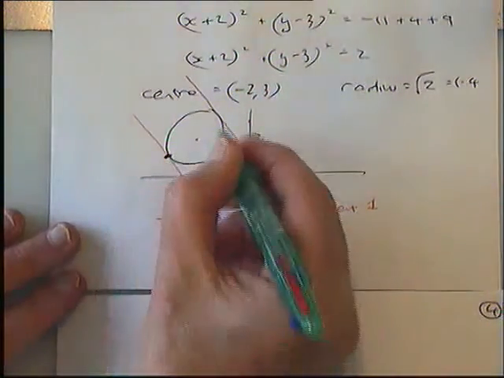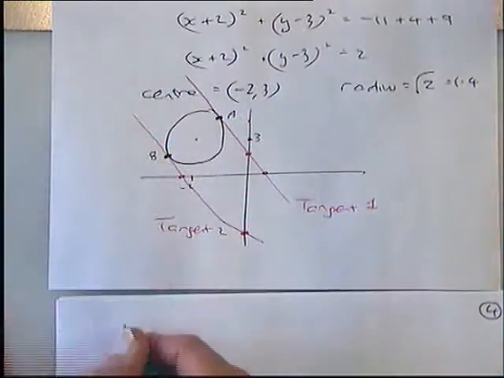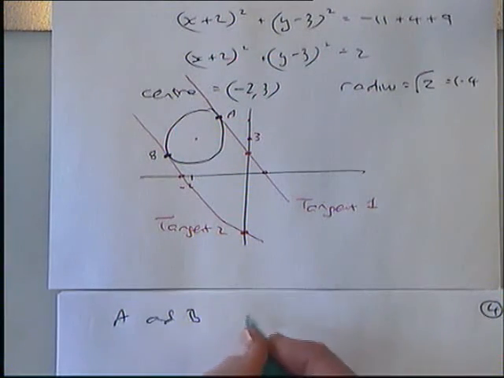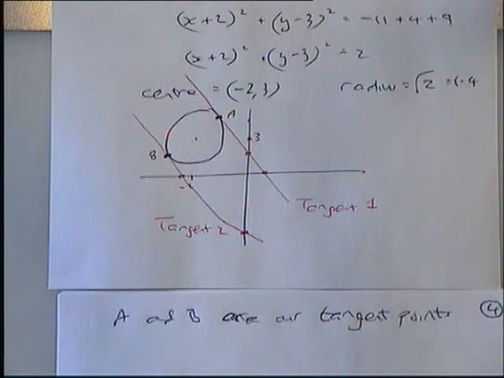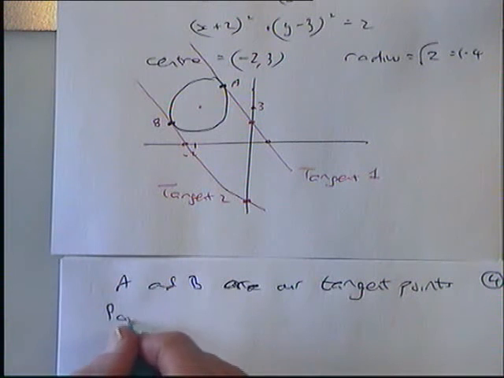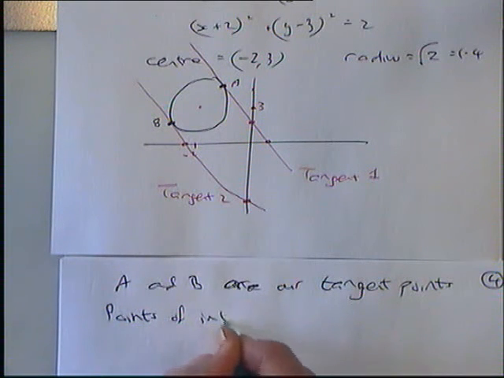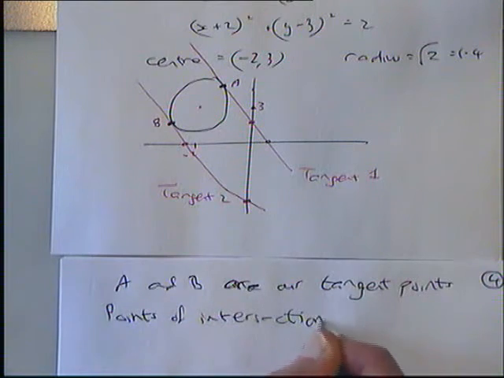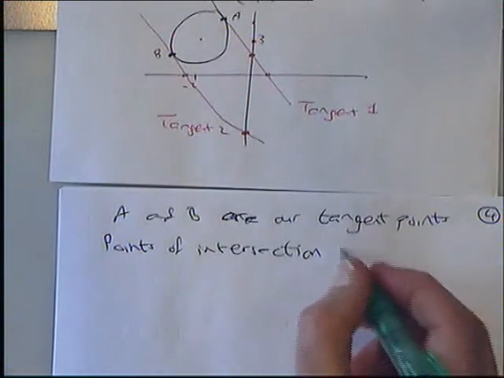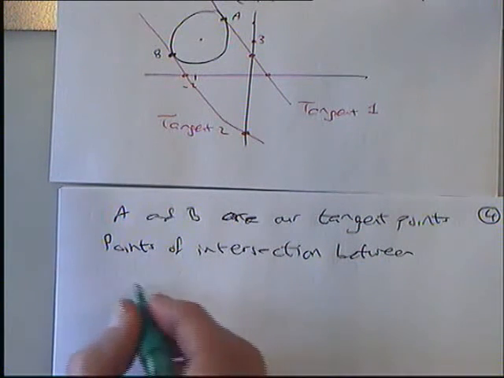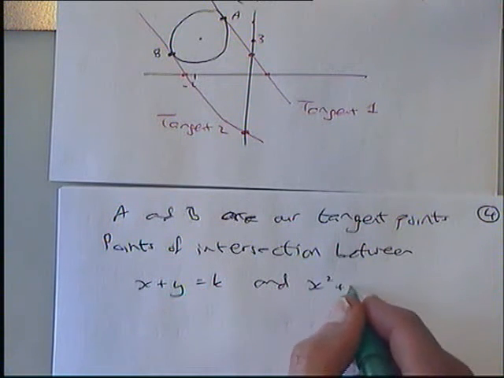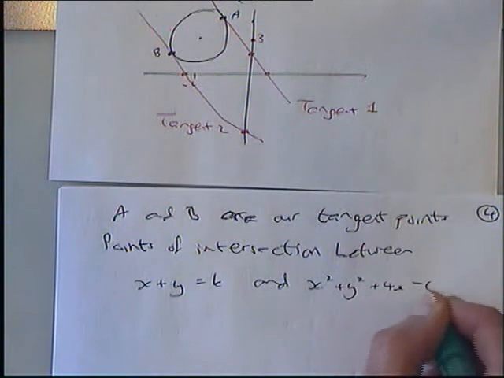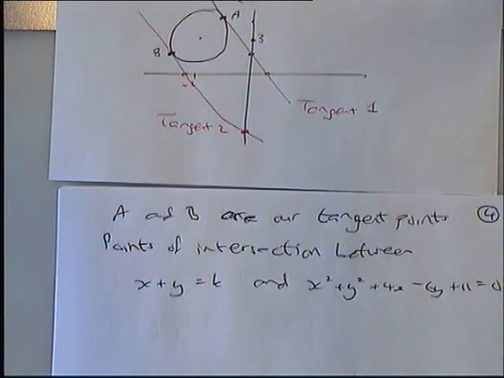If we call these two things here A and B, so A and B are our tangent points, they are points of intersection between our line and our circle. I think I've written those equations down correctly.